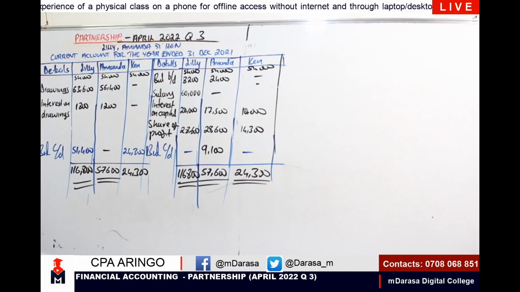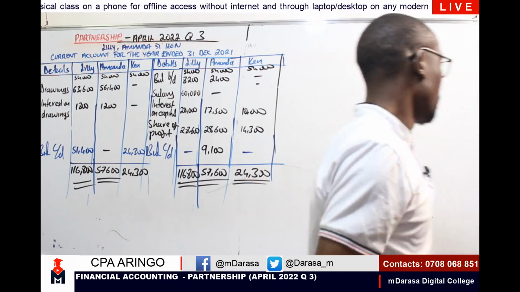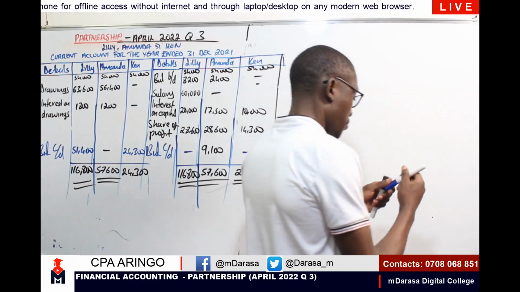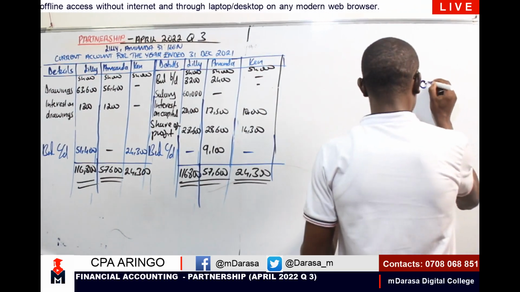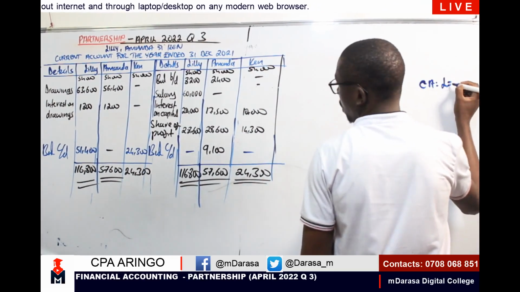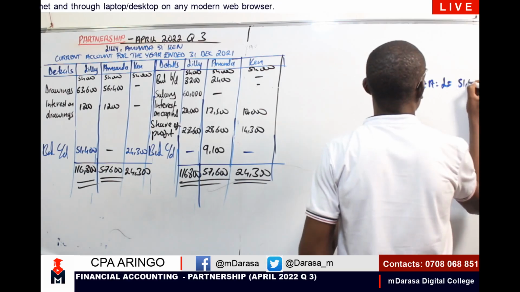One favor I want you to do for me is to mark this detail somewhere: these balances for current account. Current account, for Lily I've determined 51,400.